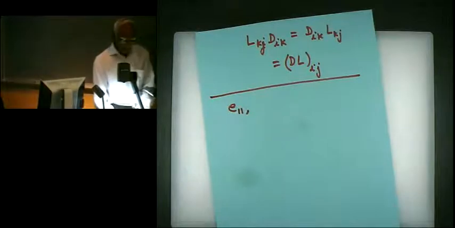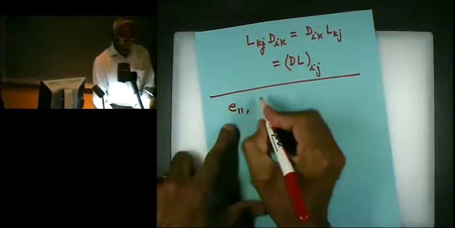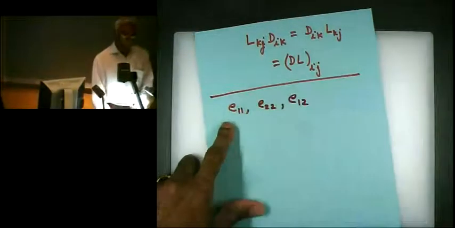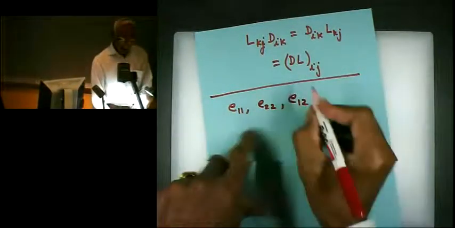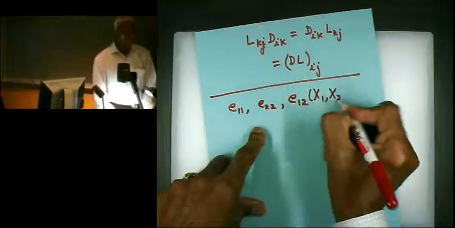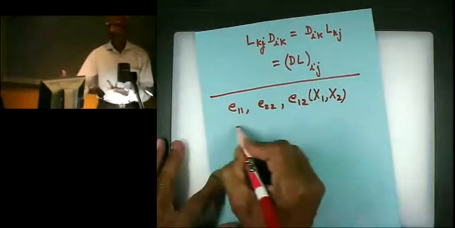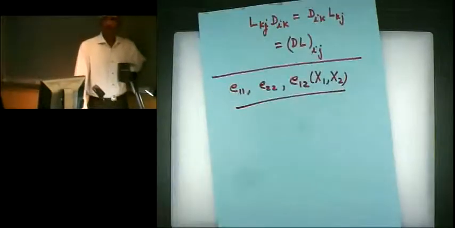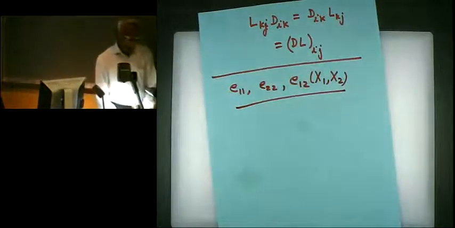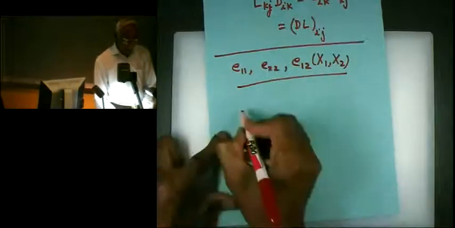So Josh measured E11, E22, and E12. And we found these as functions of X1 and X2. But today, Fred Cook has better measuring instruments, we are assuming, and we can find all 6 components of strain.